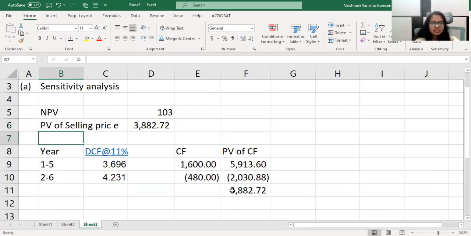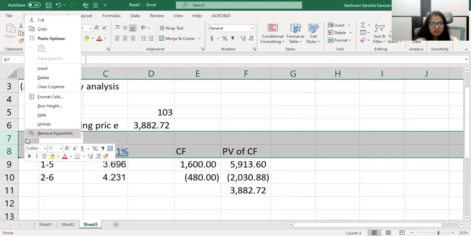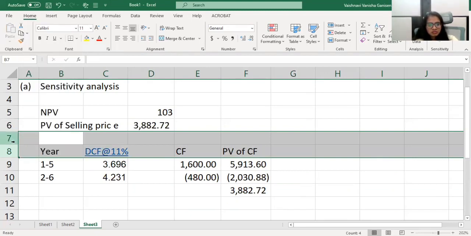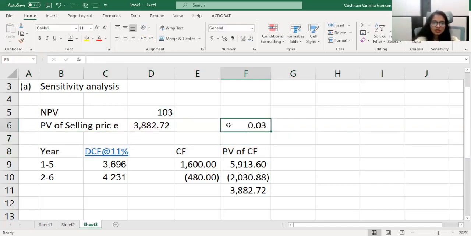So your sensitivity analysis percentage will be equals to this over this, which is 3%.